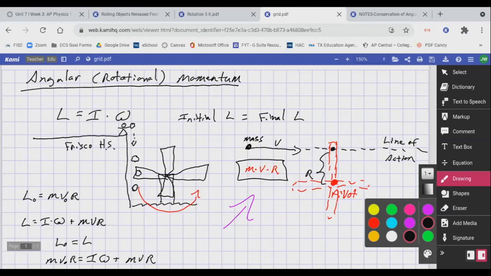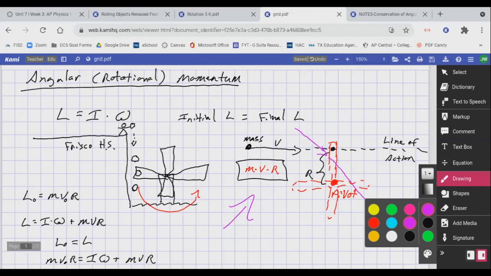If it's coming in like this, oh no, that might not be true. If it's coming at a different angle, this is what you would do. Draw your line of action all the way through, and your line of action will always be 90 degrees to the pivot. It may not hit it, but let's say it's coming at an angle. Let me use purple. Let's say it's coming in like this. So yes, it's not hitting the fin at 90 degrees, but its line of action is going through like this.